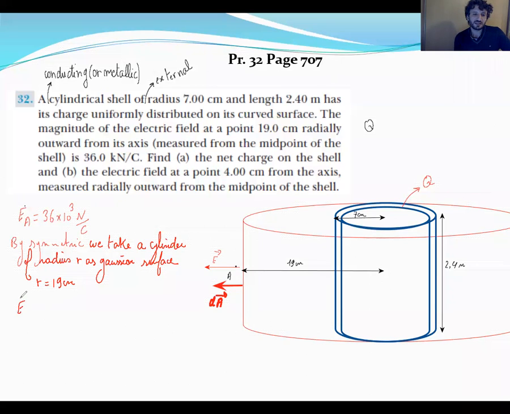We can say E is parallel to dA. Second, E must be radial. What I mean is, if you prolong E, it will pass through the center of the cylinder. Third condition, E must be constant at any point on the surface of the Gaussian surface.